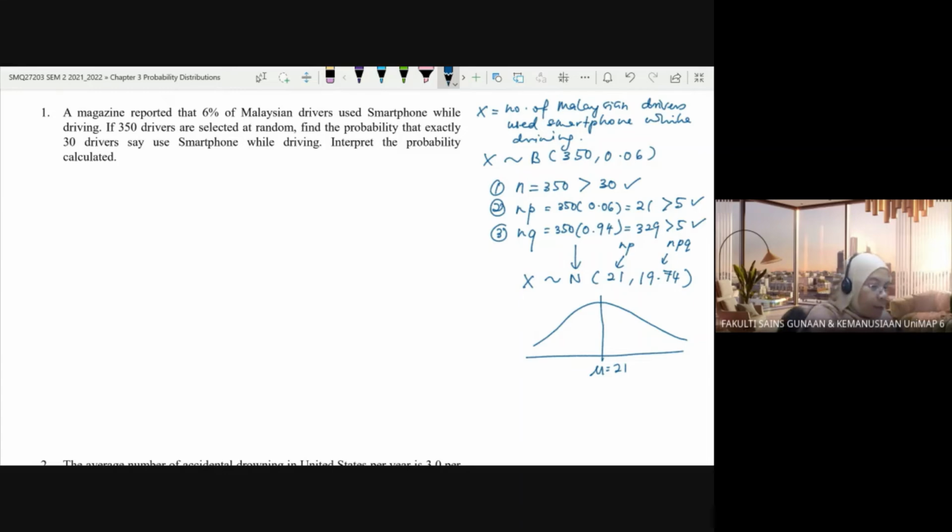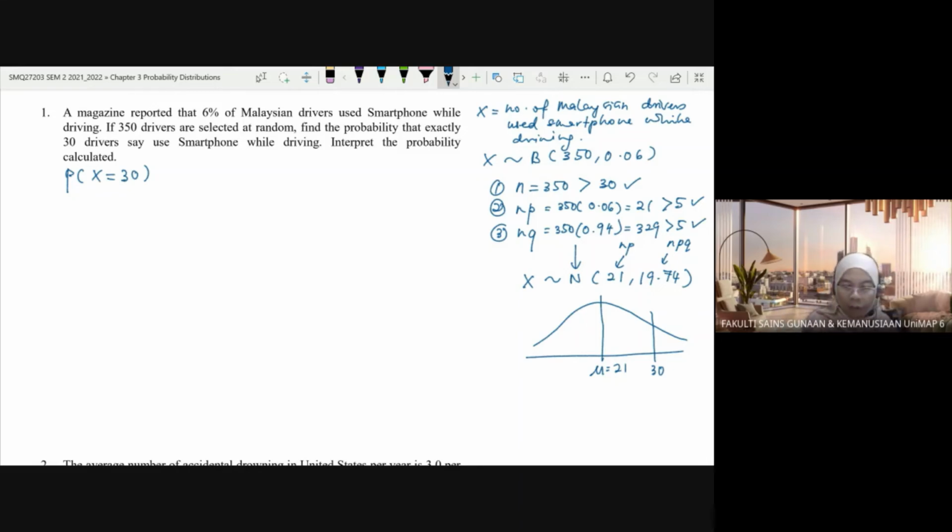Okay, now what is the question? Find the probability that exactly 30 drivers. So P(X = 30). So you are talking about exactly 30. So let's say this is where 30 is located, and this is the mean. Okay, so using the continuity correction factor, I guess this is the easiest one to remember.